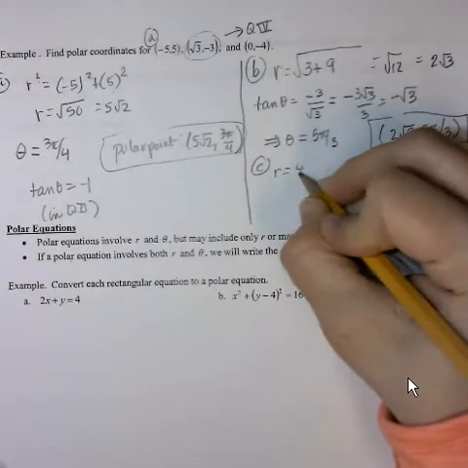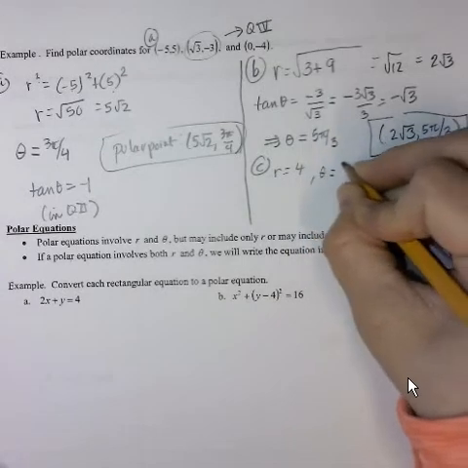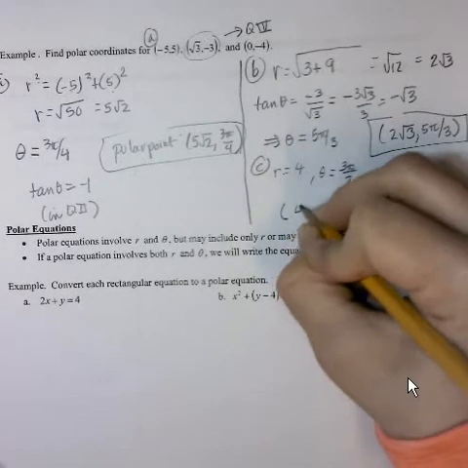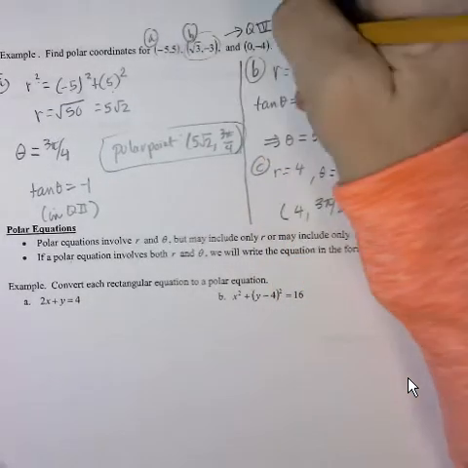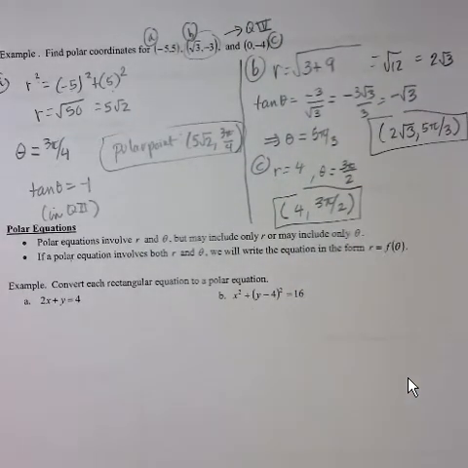And then theta would have to be, you can do 3 pi over 2, or you could do negative pi over 2. So we've got 4, 3 pi over 2. This is C. So, you know, you don't always have to go straight with the formula. Use your common sense and think about where the point is.